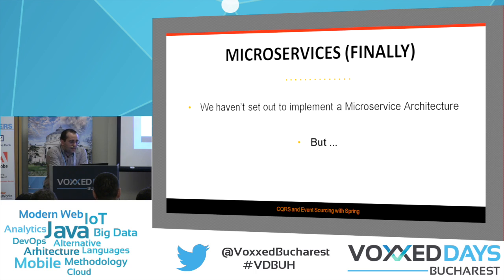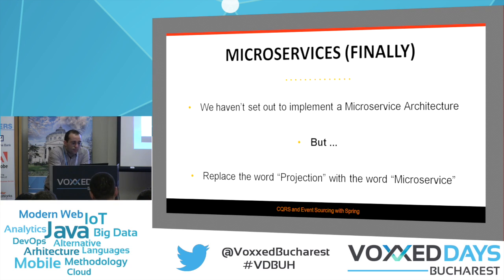And finally, microservices. We have not talked about microservices a lot, but of course, if you switch the word projection with the word microservice, and if you do this up until the very end, where you do have separate projections that are independently deployable, you basically have a microservice system.